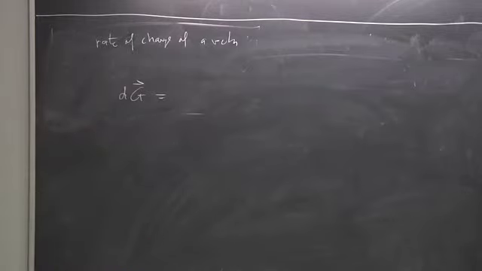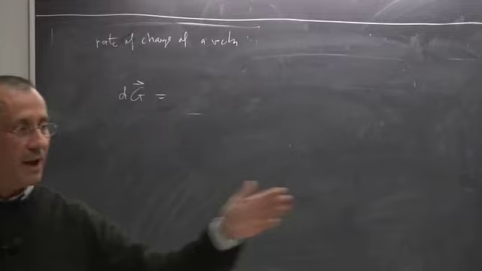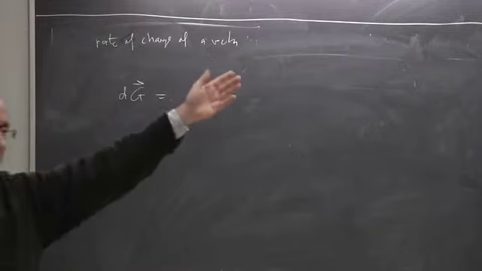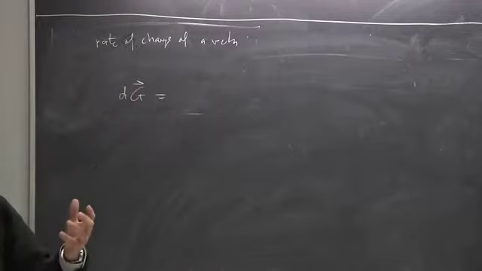But I want to do something a little more subtle. I want to study the rate of change of a vector when this vector is defined on a body that is rotating. And this is a very relevant question because it's our case. All the vectors that I'm defining in this room with my arms, I'm actually defining them on a rotating body that is our planet.